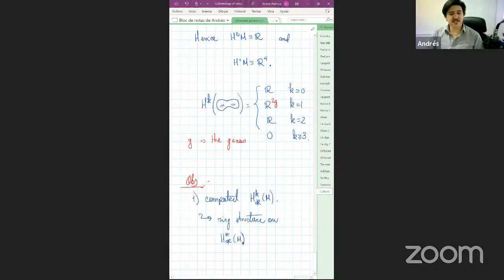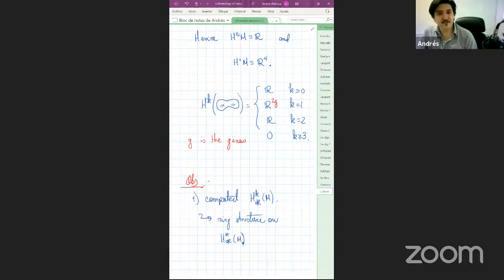In some cases, there is not much to say. For instance, for a sphere, the product is 0 because you only have cohomology in degree 0 and in degree n. There's nothing in between, so there's nothing interesting. However, for the torus, that ring structure is important and interesting.